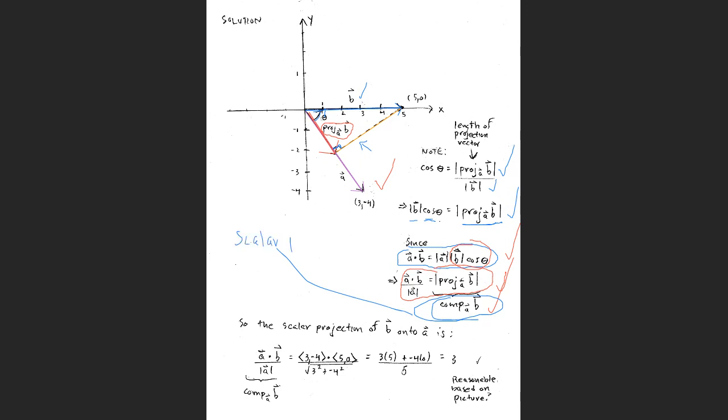The book denotes that as COMP, the scalar projection of the vector B onto A. We can get that scalar projection because we just compute the dot product of A and B over the length of that vector A, and we'll get 3. Okay, so let me know if you have any questions so far.